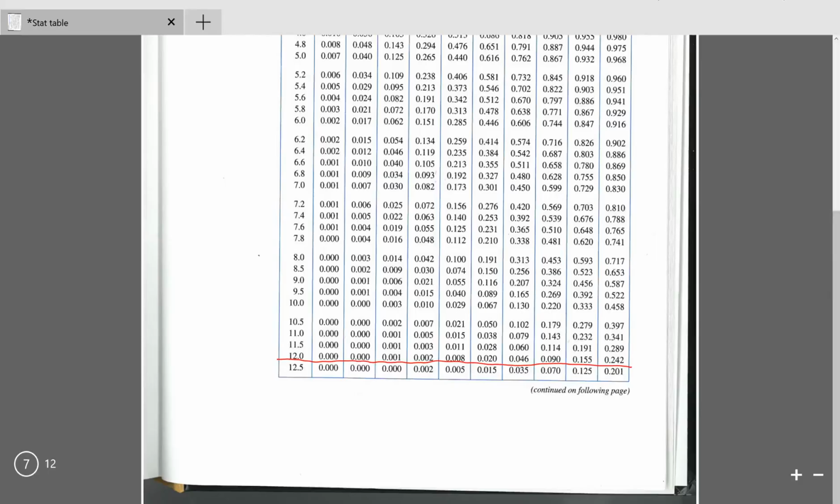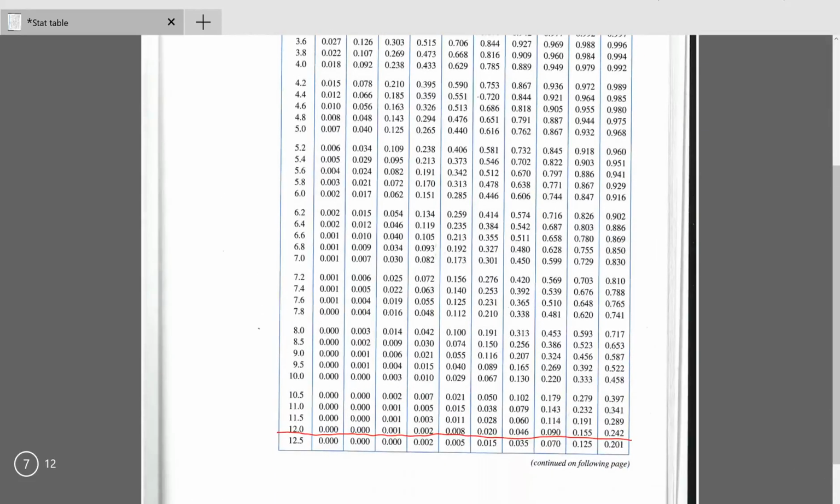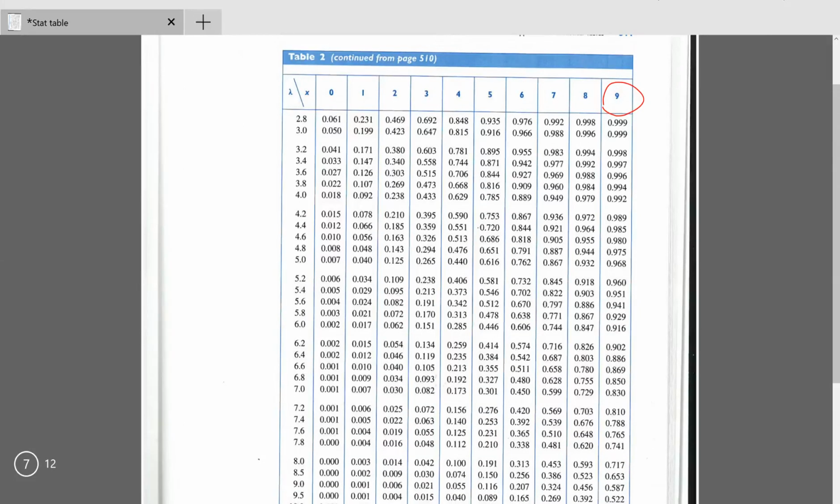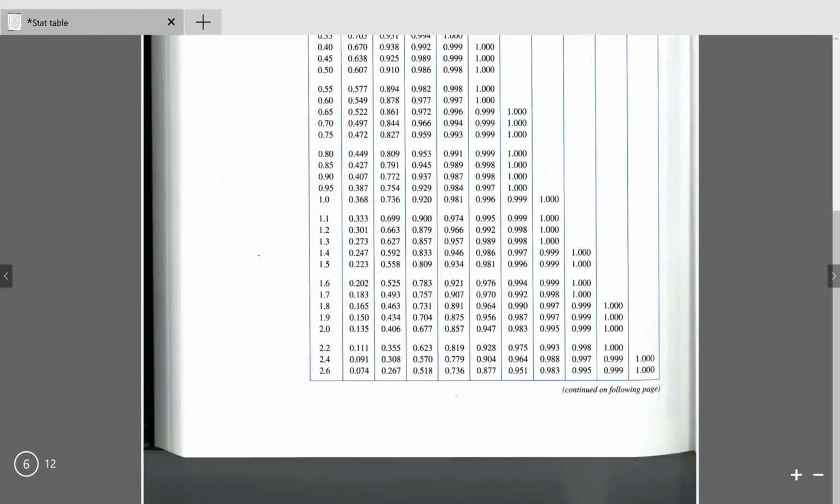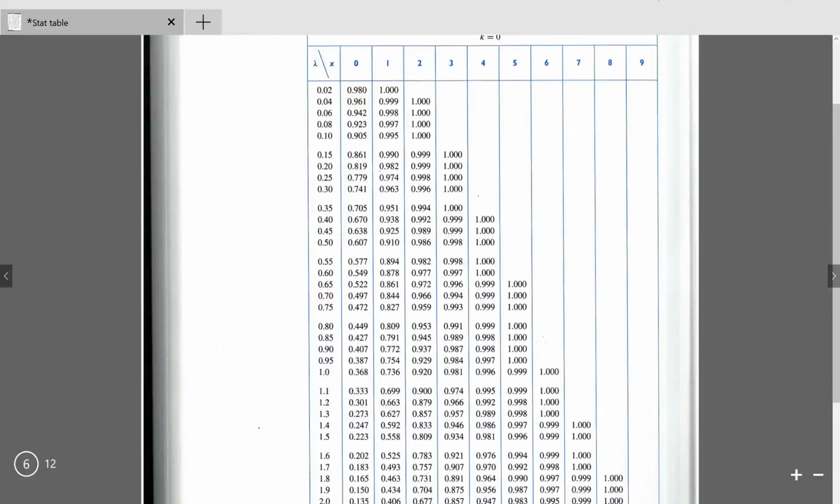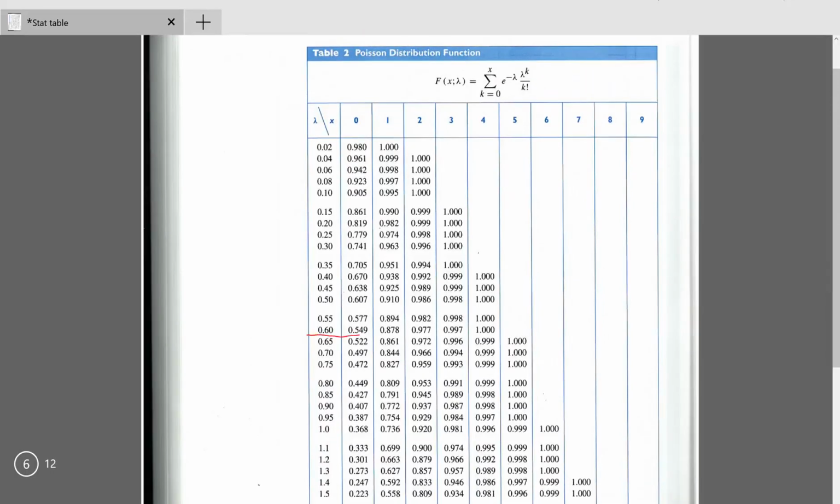Okay, let's find our table. So our table, let me erase this. Okay. So, all right. So 0.6 is right here. Okay, we use the 1 minus the 0. So 0.878 minus 0.549.